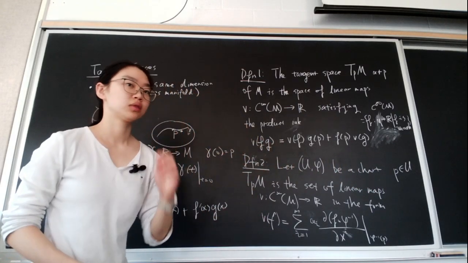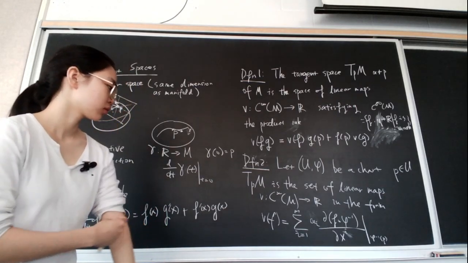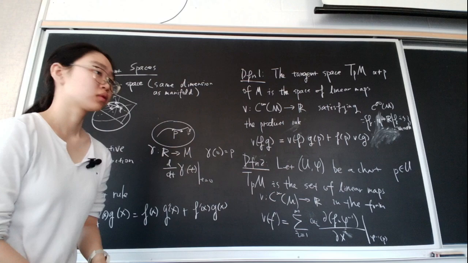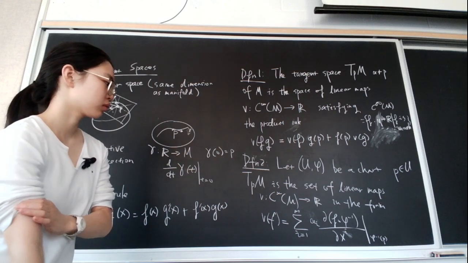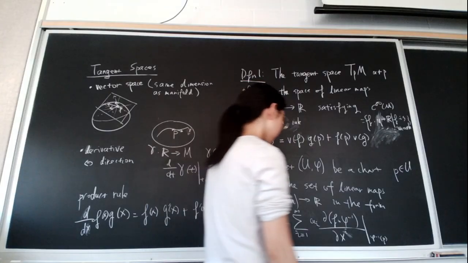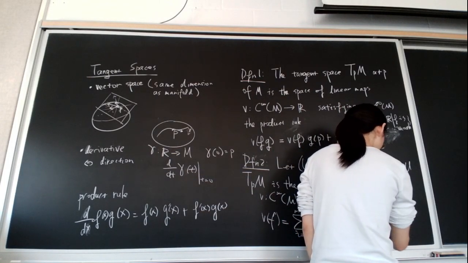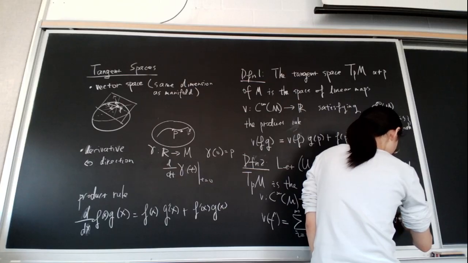And one thing that in the future we will very often write, we will write V to just be equal to sum AI partial partial xi. Can you just write that somewhere in the corner? V equals sum AI partial xi.